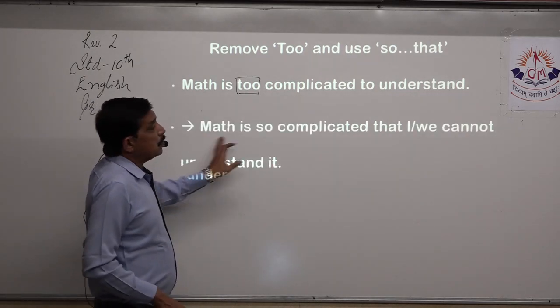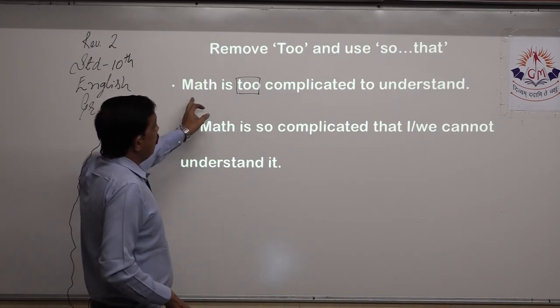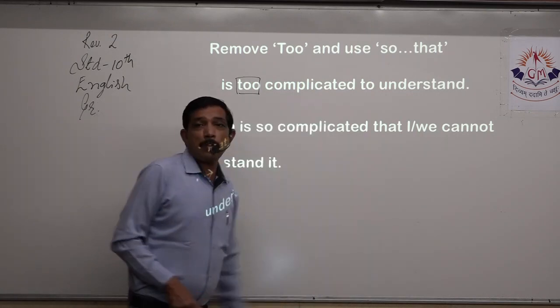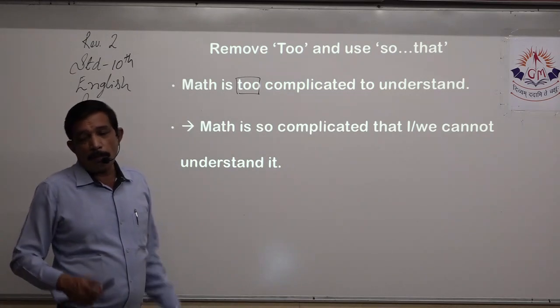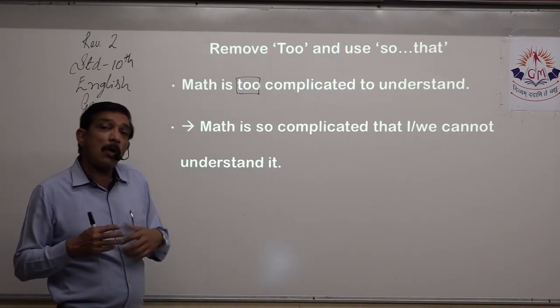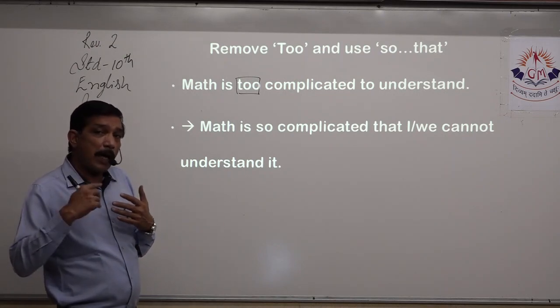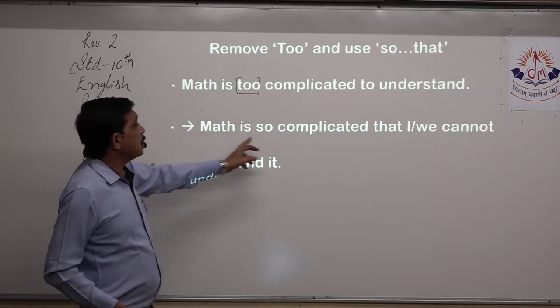Math is so complicated that, now math is too complicated to understand, or math is too complicated for me to understand, that is, or for us to understand. So that for us becomes I or we. So math is so.